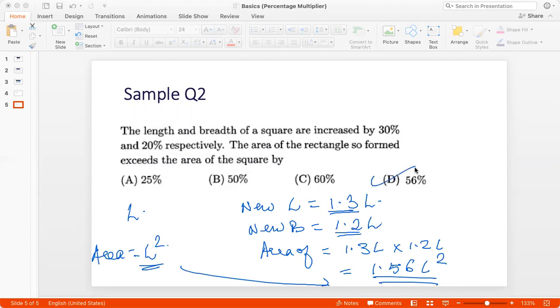So you see, it becomes really quick to solve these kinds of questions if you know that a certain percentage increase can translate to a certain multiplier. And similarly, a certain percentage decrease can translate to a certain multiplier. It is faster than having to use the percentage change formula or the percentage increase formula.